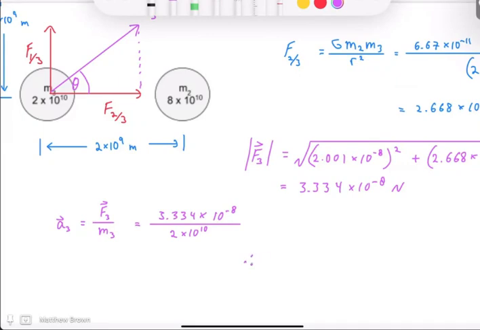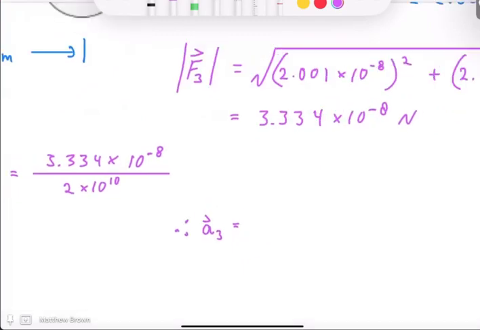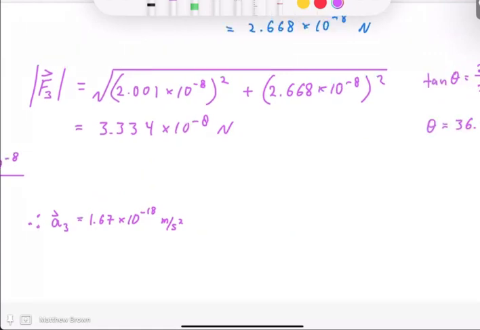Therefore, the acceleration of 3, if you do that quotient there, you get a very, very small number, 1.67 times 10 to the negative 18 meters per second squared.